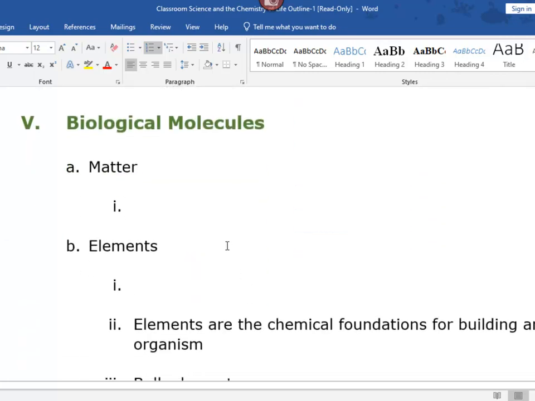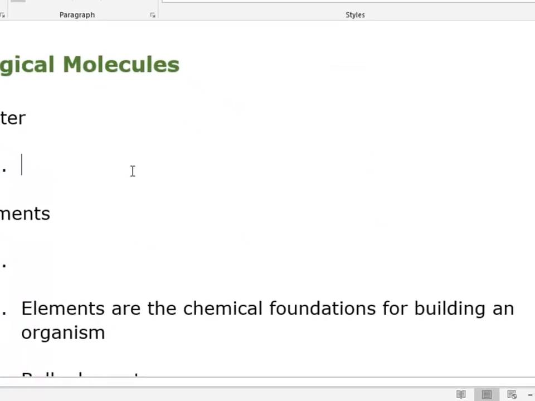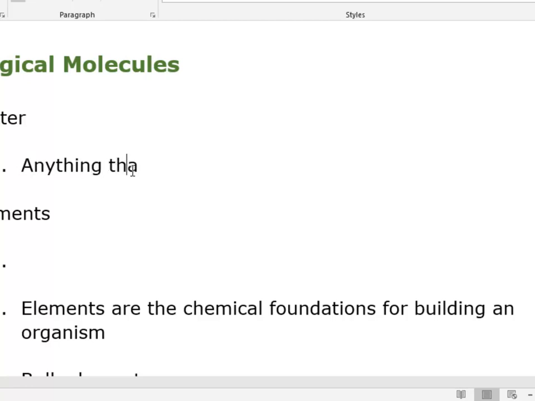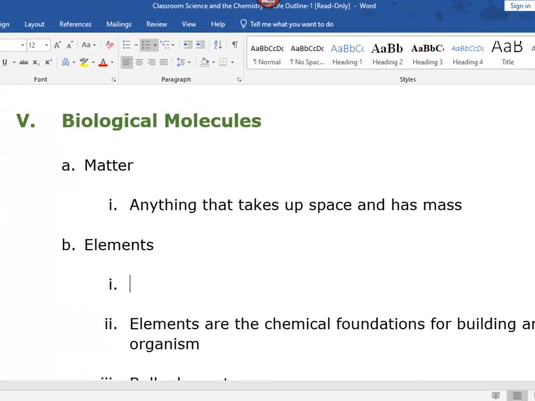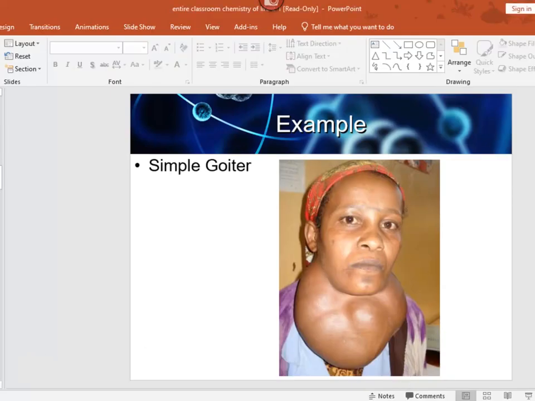I wanted to get to this. Probably the only time I'm going to do this, because most of the time I'm going to have this filled in for you. But matter is anything that takes up space and has mass. Or anything that has mass and takes up space. Either definition. Matter is what everything is made of. Now, elements, and you probably saw the little periodic table in biology course when you were growing up.